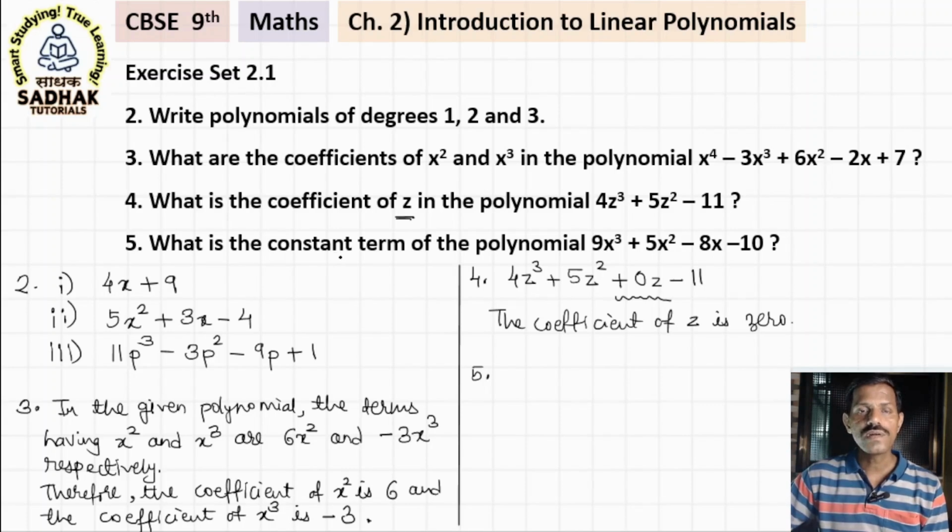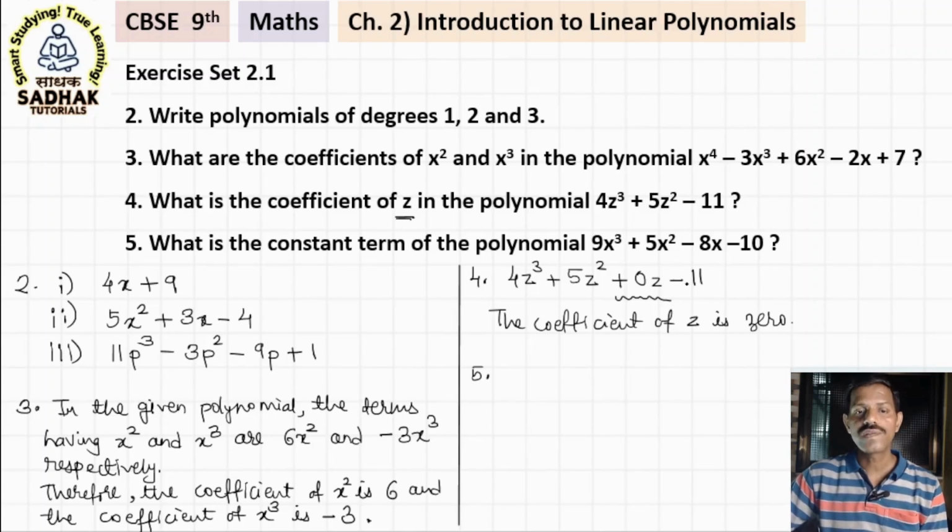Constant term means the term which does not have the variable, because that is the term whose value will never change. The terms which have some variable will change as the value of the variable changes, so they will not remain constant. In this polynomial, out of 4 terms, 3 terms have a variable, and only minus 10 is without a variable.